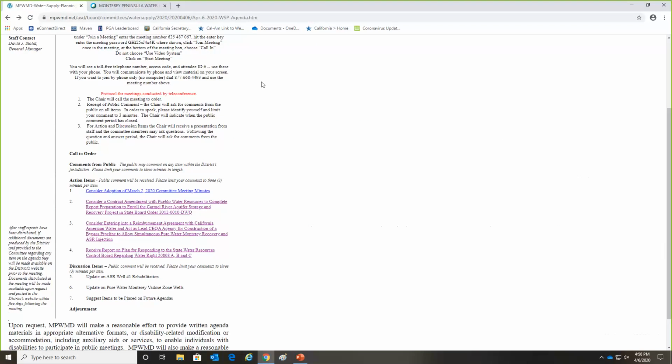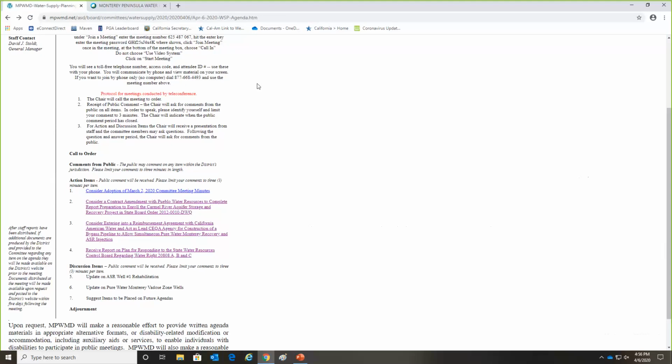Yes. The original plan was to rehabilitate ASR 1 in this window right now, and this is also relating to recovery of Pure Water Monterey. There is other construction going on out there, and the facility is in different status based on different construction phases for the building that's going in.